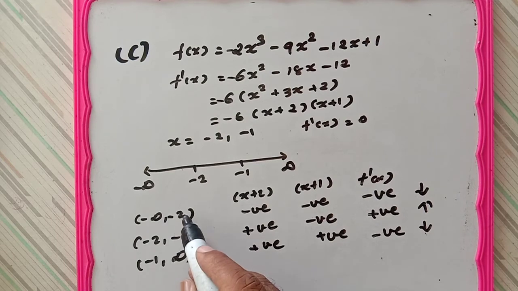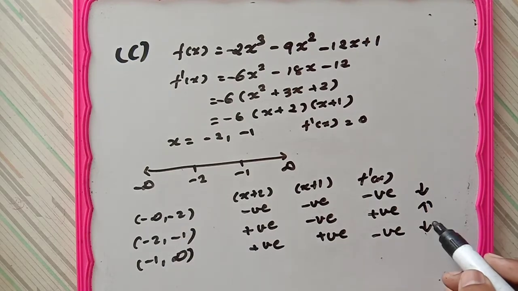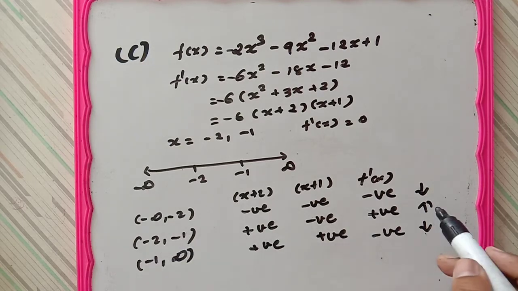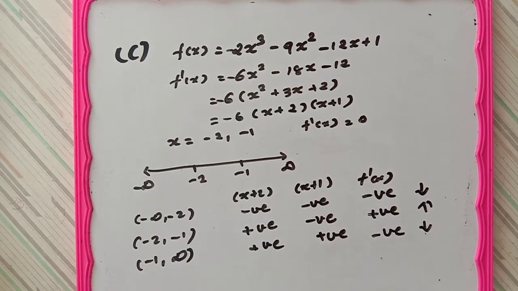So between minus infinity to minus 2 and minus 1 to infinity, the f x is increasing, while between minus 2 to minus 1 it is decreasing.